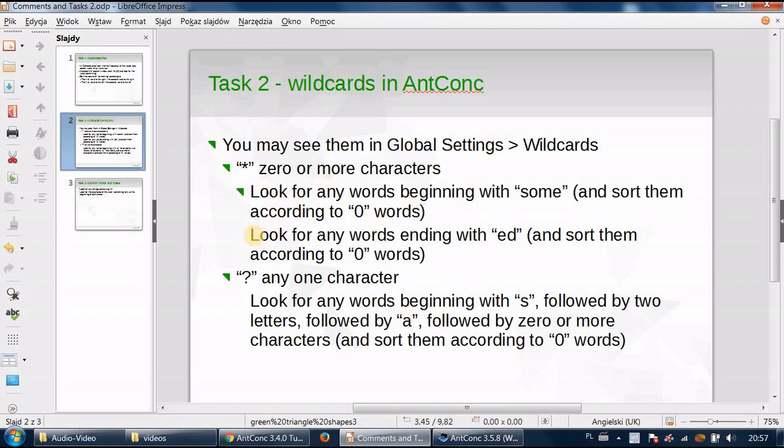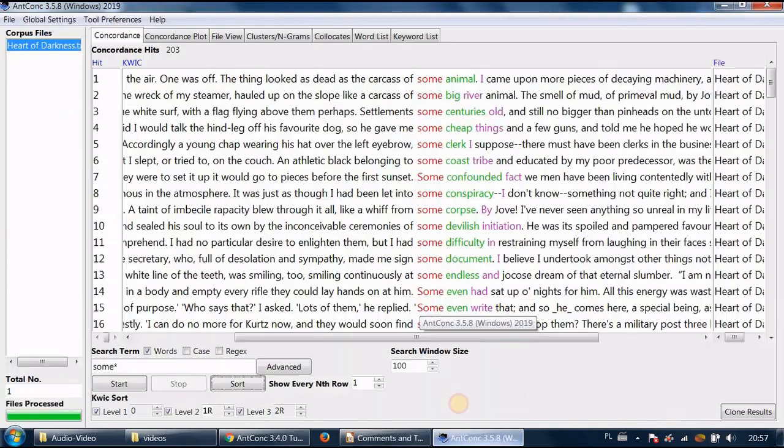Now another one. I would like you to look for any words ending with ed and sort them according to 0 words. I mean, to the very keywords that you would obtain. So please do it now. Okay, and I assume you've stopped the video and you've done it already. So let me do it myself.